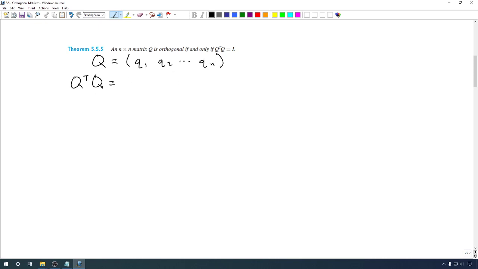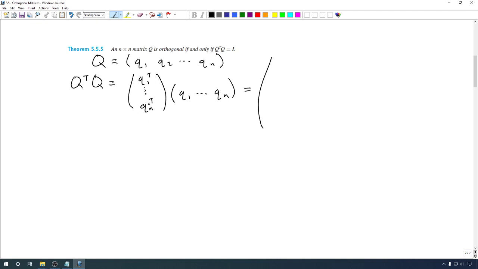If we take Q transpose Q, what are we actually doing? Well, first, when we transpose this, all the Q's turn into the rows. Let's just do 1 through n. So we have all of our rows come from the original columns of Q. And then we have the columns of Q. And if we multiply this out, what is our first entry?